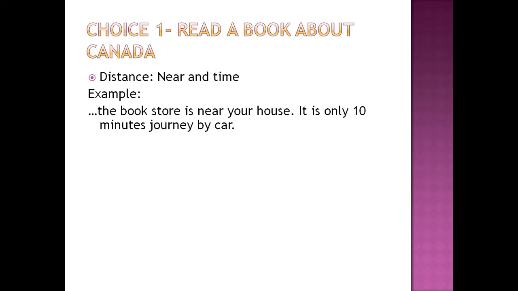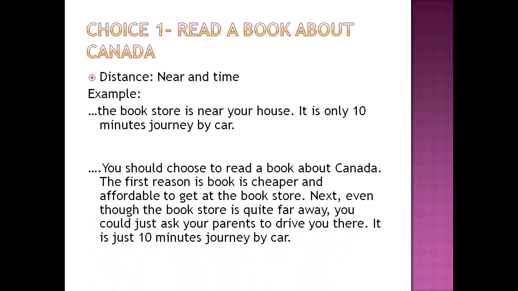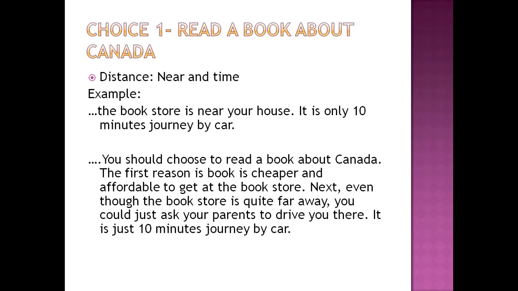It is only a 10-minute journey by car. Okay, so this is an example. You should choose to read a book about Canada. The first reason is that it is cheaper and affordable to get at the bookstore. Next, even though the bookstore is quite far away, you could just ask your parents to drive you there.